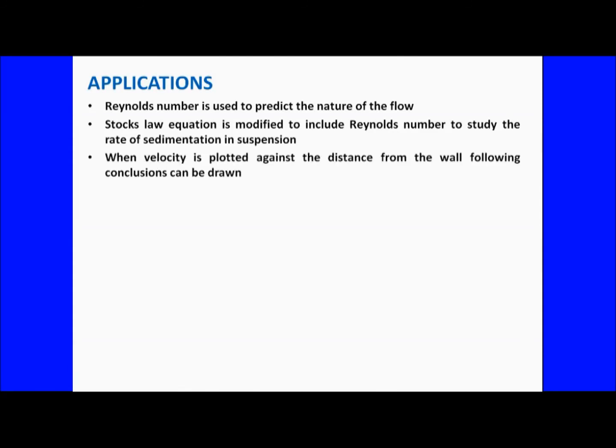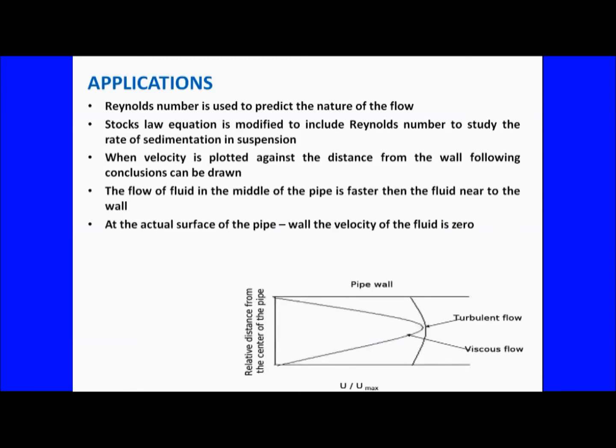When the velocity of the liquid is plotted against the distance from the wall of the pipe, the following conclusion can be drawn. The flow of the fluid in the middle of the pipe is faster because it is at a greater distance from the wall. It is moving more freely than the fluid near the wall.